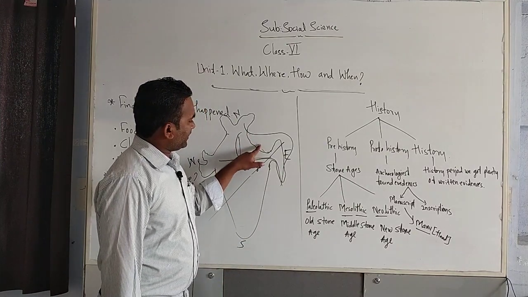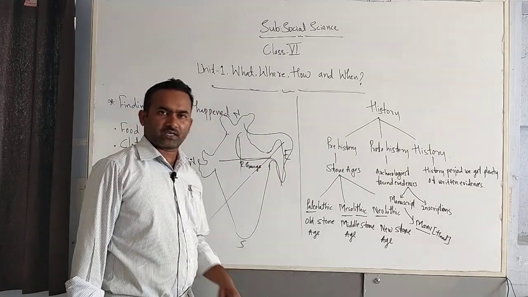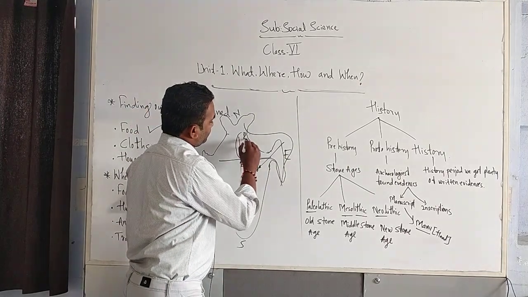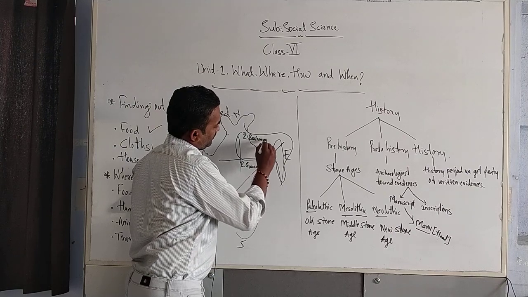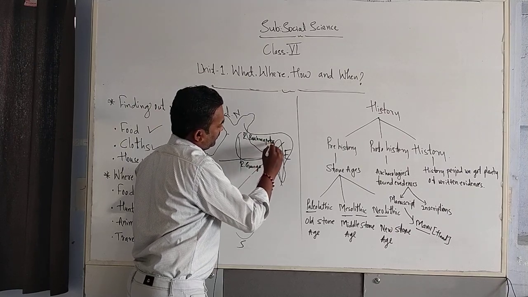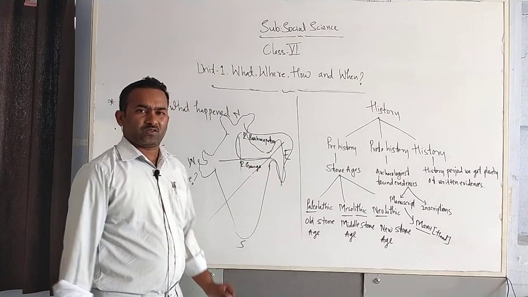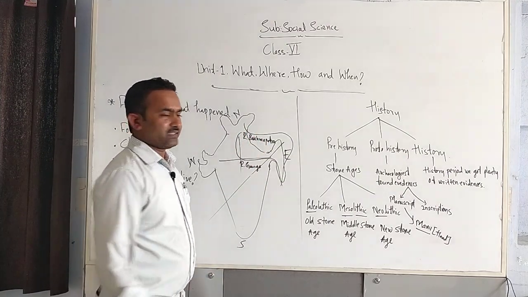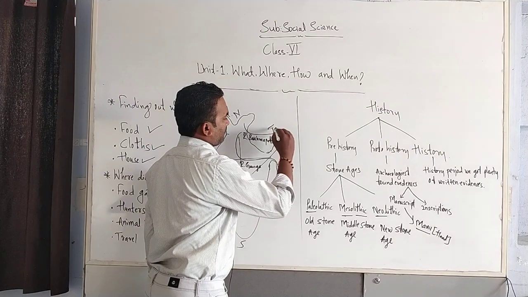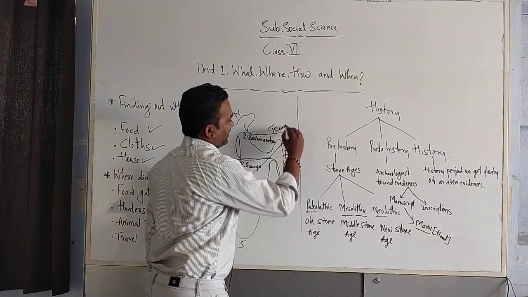One example I will tell you about the Brahmaputra river. In India, we call it the Brahmaputra river. In China, what do the people call the Brahmaputra river? Sangpo. This river, Brahmaputra, is known as Sangpo.